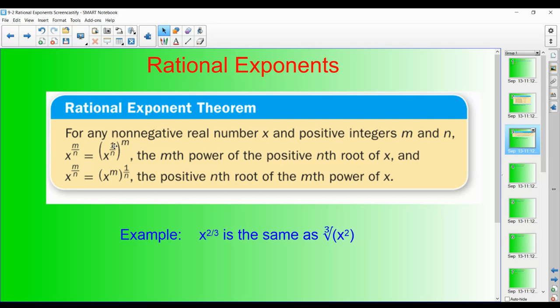Like we saw in previous lessons, if we have 1 over a number, that's the nth root. So what we're going to see is that if we have x to the 2/3 power, we have x squared and we have the cube root. So we have the cube root and we have x squared. We're going to be able to evaluate expressions this way.